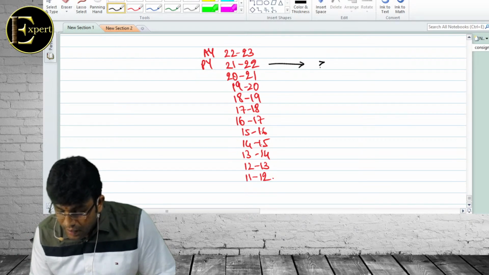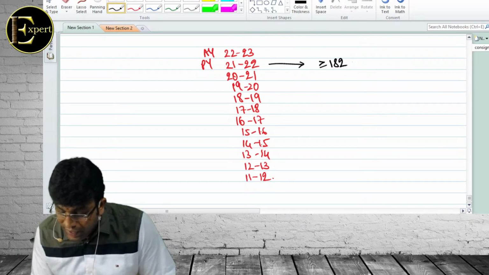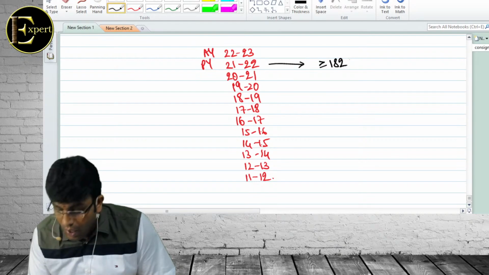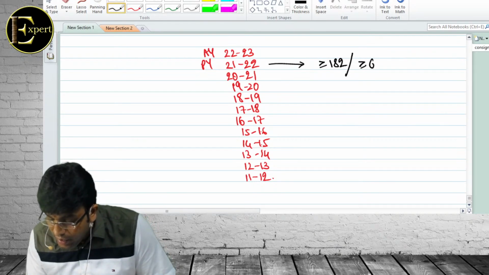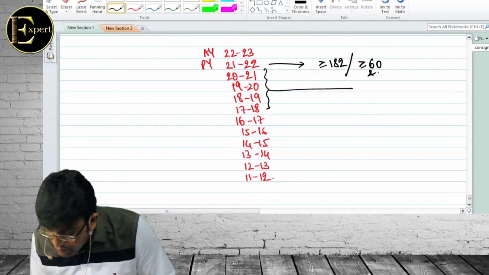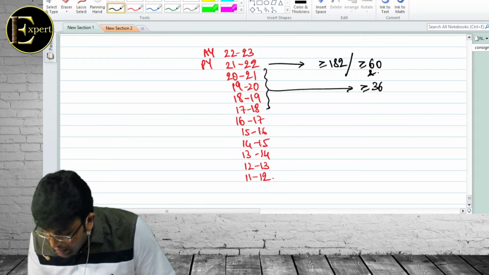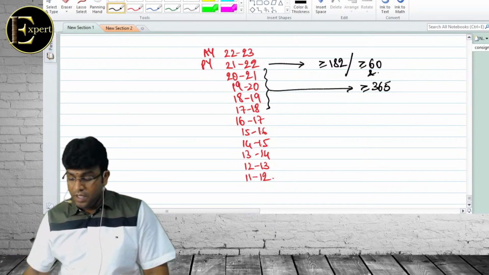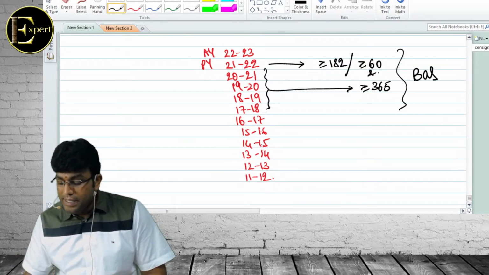This year greater or equal to 182. Clear? Or greater or equal to 60 days, and these 4 years together greater or equal to 365. This is the story of basic.